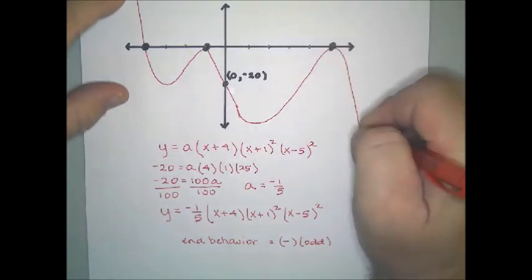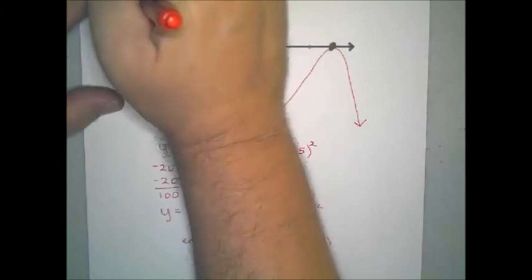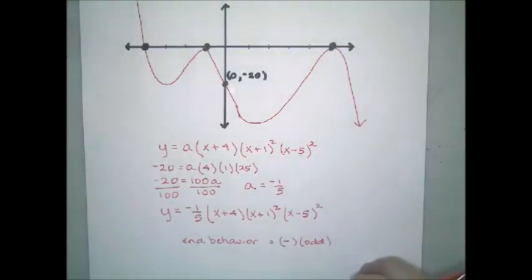We're going to turn around and bounce again. So if you put all the characteristics of the problem together, this is what we do. And that's the graph.